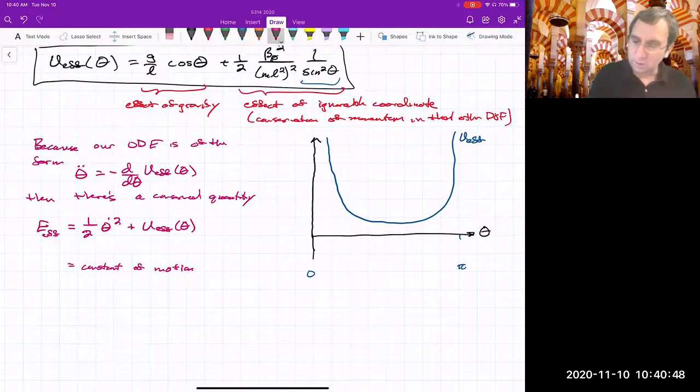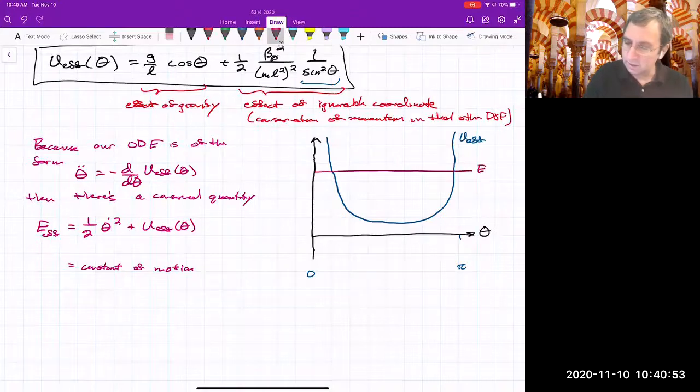And depending on what our E effective is, then we've got turning points, right? These points where the curves hit each other. So maybe we'll call this theta min, theta max.